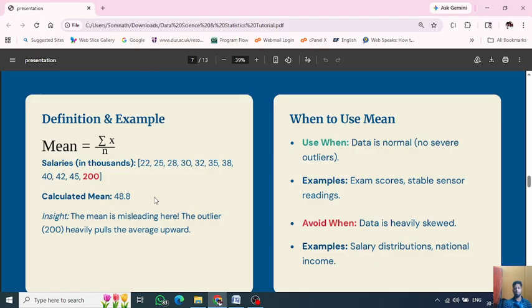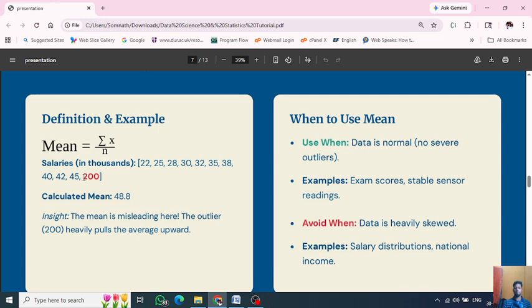But if you reach employees one by one and ask their salary, you will find some with 22, 25, 28, 30, like that. But here the manager is saying around 50K. Totally wrong. Actually, what happened?